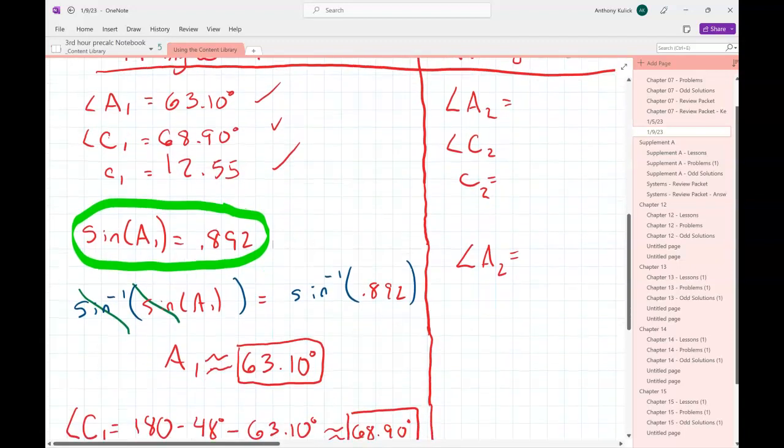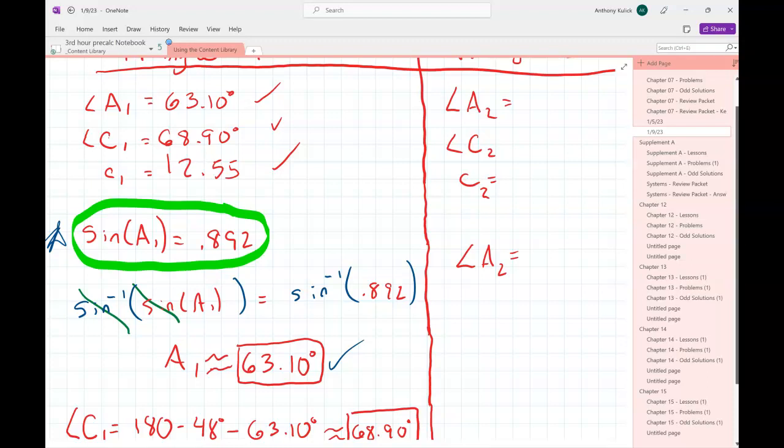So to solve the first triangle, I'm going to start where I left off, which was that sine of A was equal to 0.892. Now to solve for that angle A, I did the sine inverse of both sides. And when I type that into my calculator, I get 63.1 degrees.